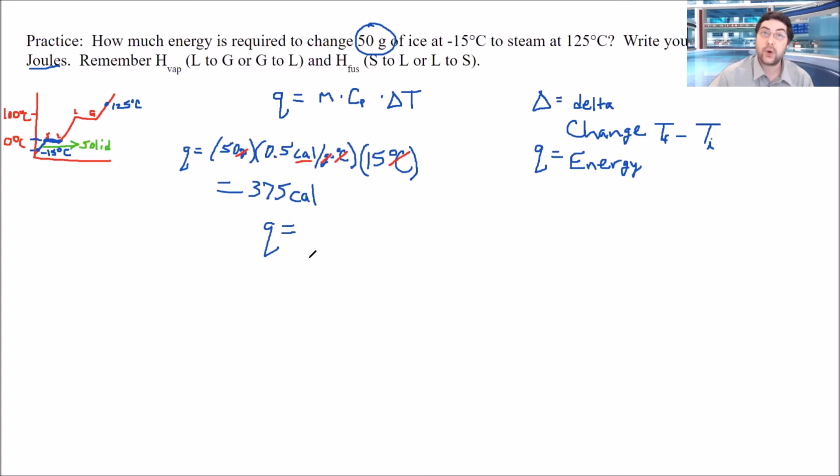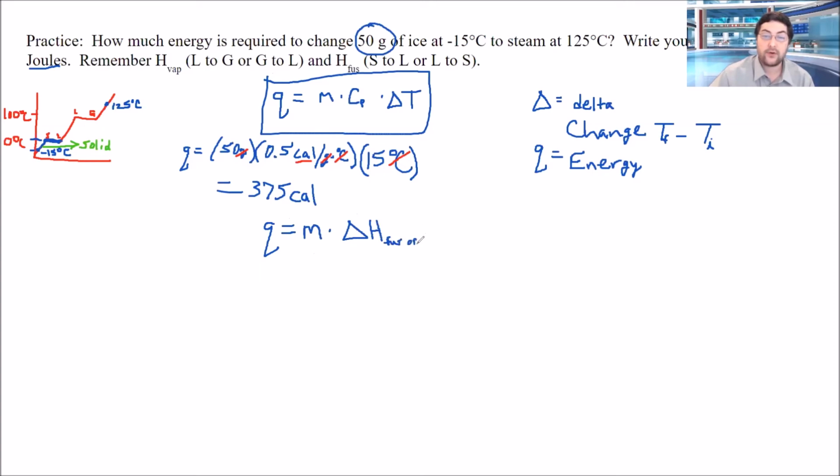So we need a new equation, a new formula type. By the way, this up here is called the change in temperature formula. And right now, we're looking at the change in state formula. So that's going to be mass times the heat of either fusion or vaporization, depending on what section of the graph you're in.